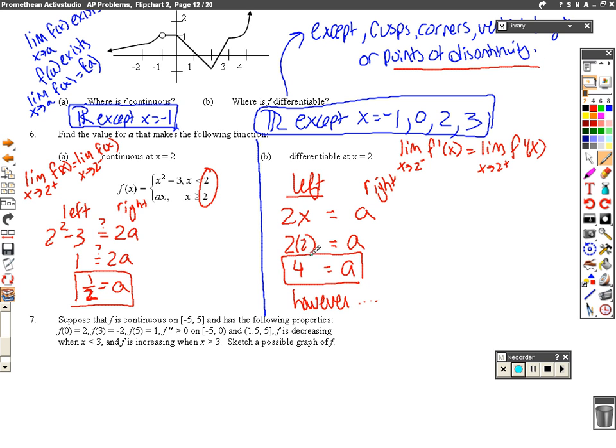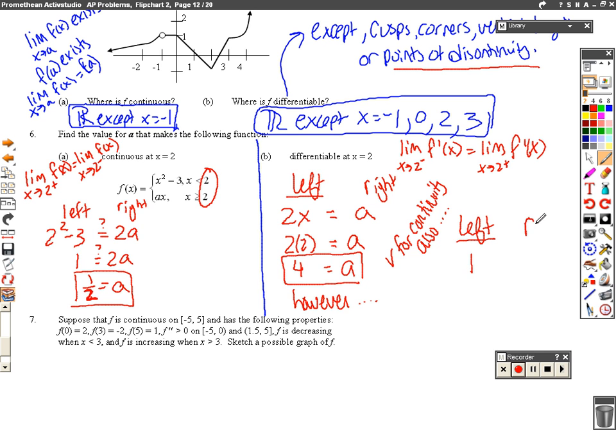So we have to check, if a is 4, is this function continuous? So we have to check for continuity also. So let's check continuity. If a equals 4, from the left, the equation is going to look like 4 minus 3, or 1.